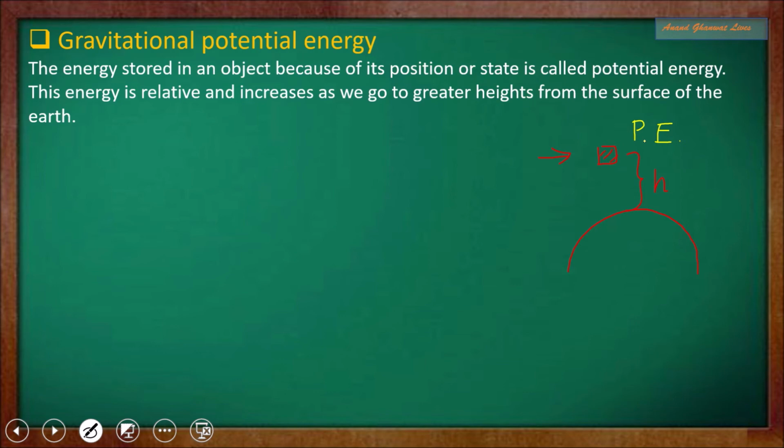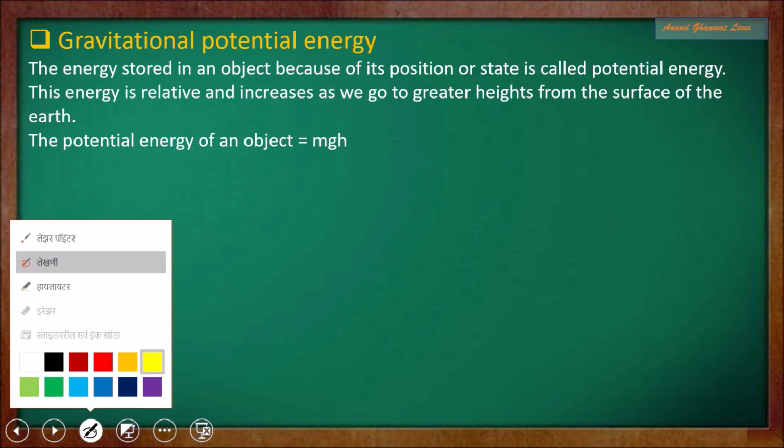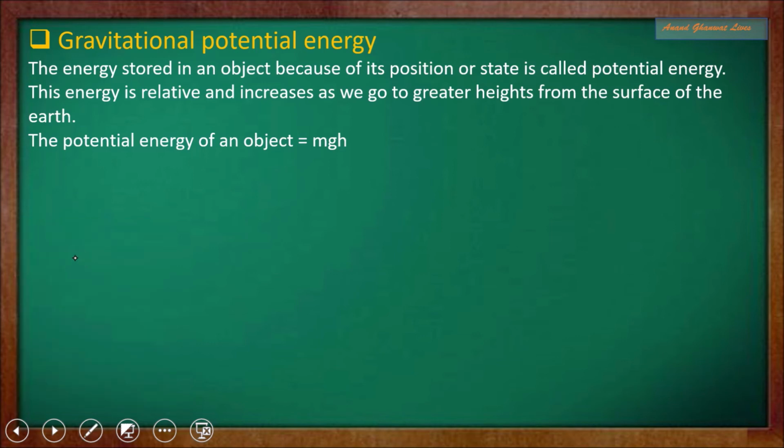Okay, this is a relative concept, and this potential energy increases as we go to greater height. So as we increase the height of the object from the earth's surface, its potential energy increases. Now we know that potential energy of an object is mgh, where m is the mass of the object, g is acceleration due to gravity, and h is the height of that object.